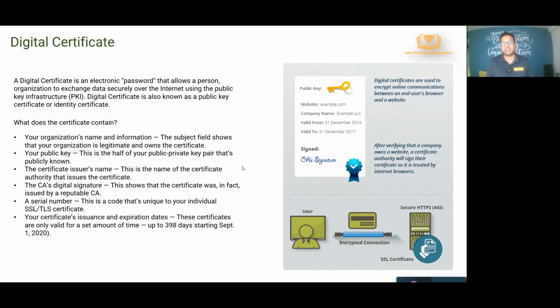So for example, if I want to hire an engineer, I'm going to look at the resume and I want to see what certificates they have. Okay, so I want to hire a network admin. So I'm going to say, oh, they have a CCNA or a CWNA certification or something like that. And there is a certificate that comes with it. So that gives me some proof that this person is a valid person that can do the job for me.